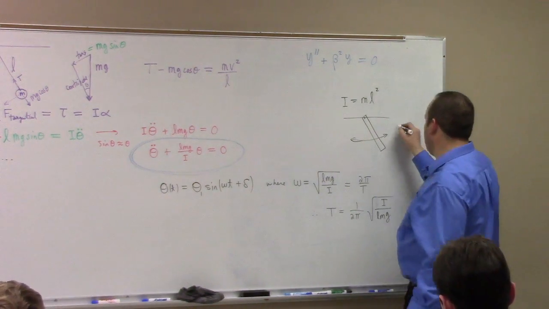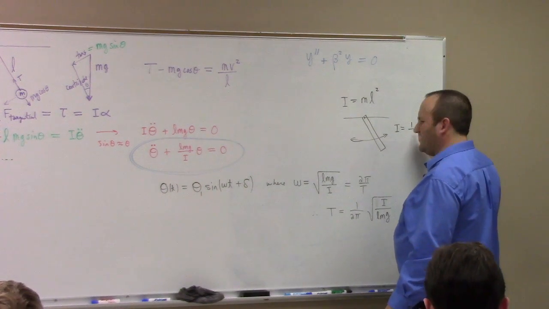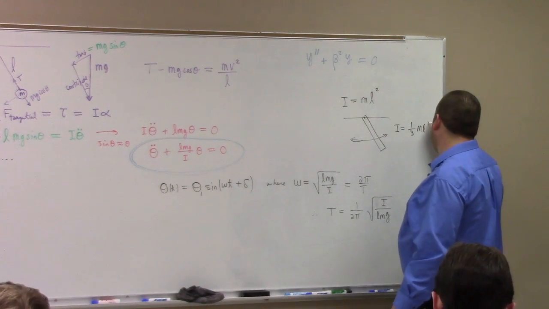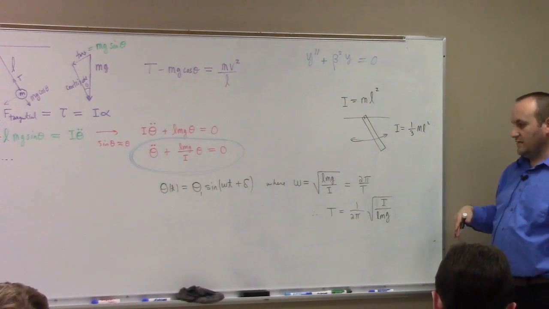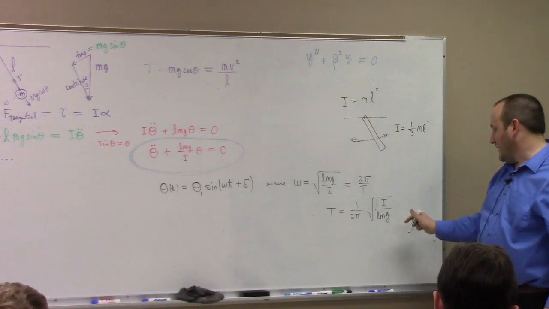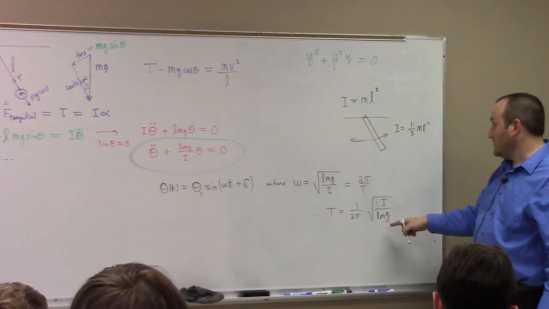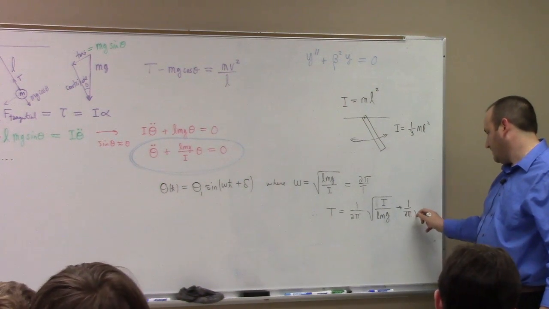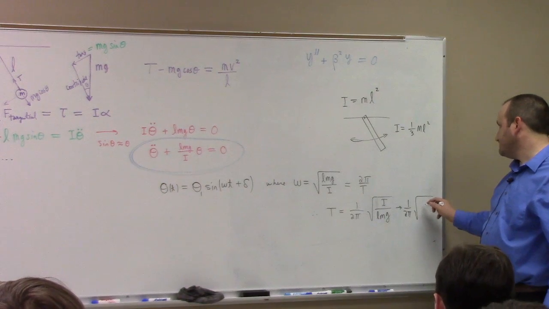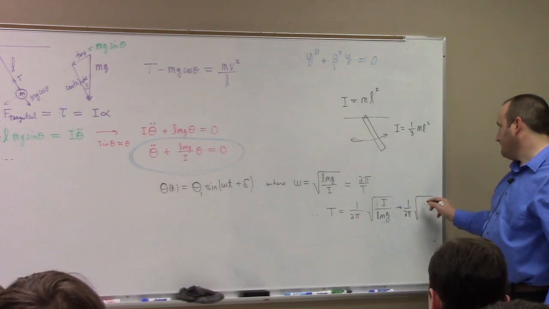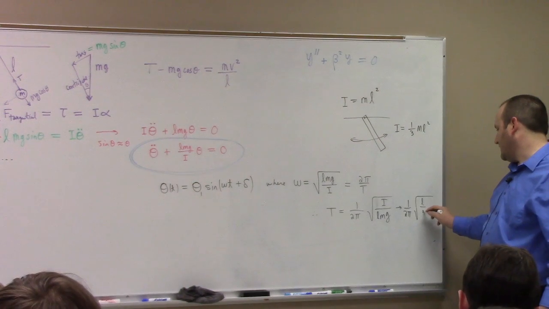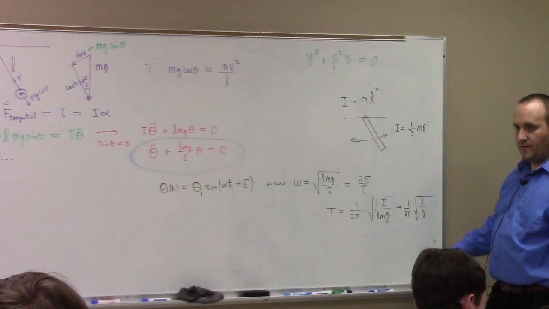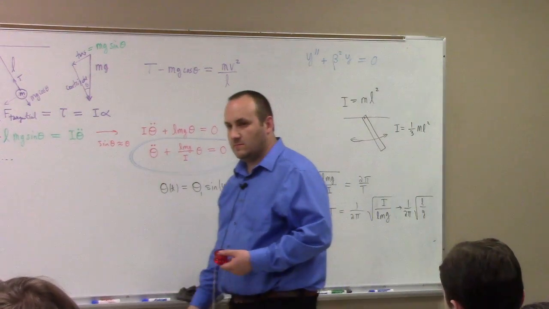Then I is 1/3 ml squared. If you put that in here, the m's cancel, one of the l's cancels, and you're just left with L over G, I think, right? You may remember that formula from the lab that we did.